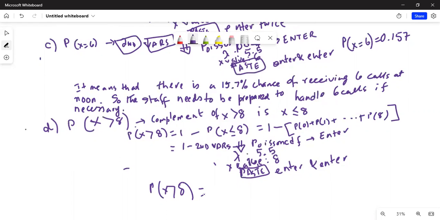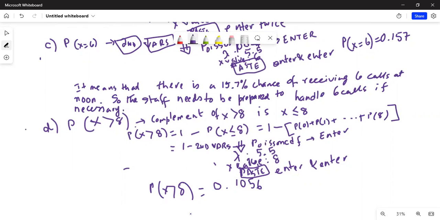The x value is the last value you want to add up to, which is 8. And we paste, enter, and enter. And the answer is 0.1056.